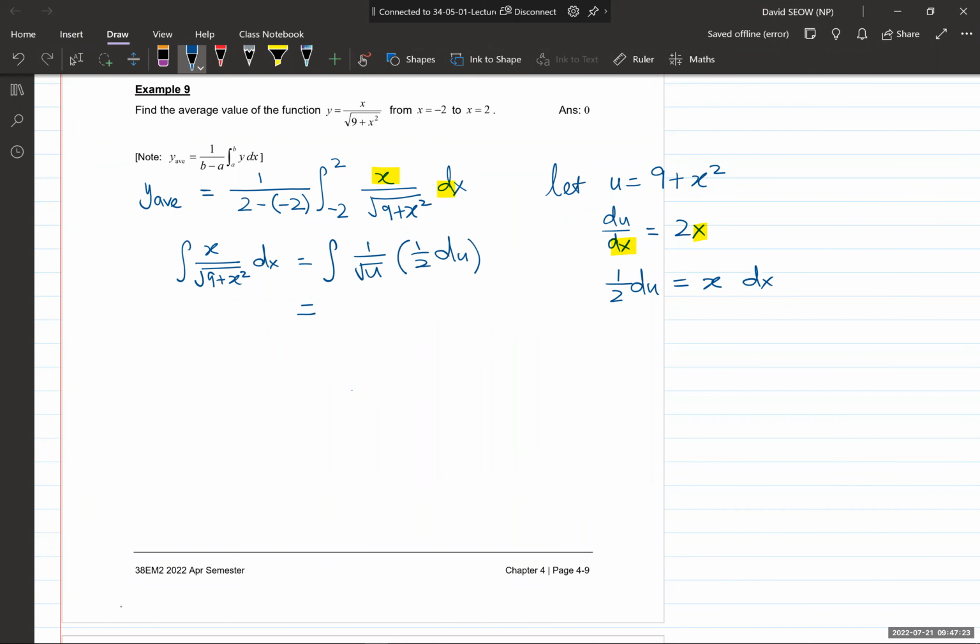Okay, so once we have this, I'll then integrate accordingly. So this will be u to the minus half du. How would this turn out?